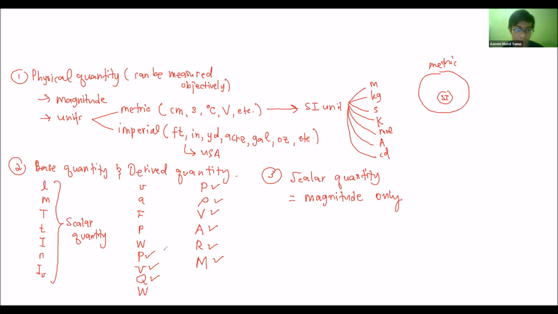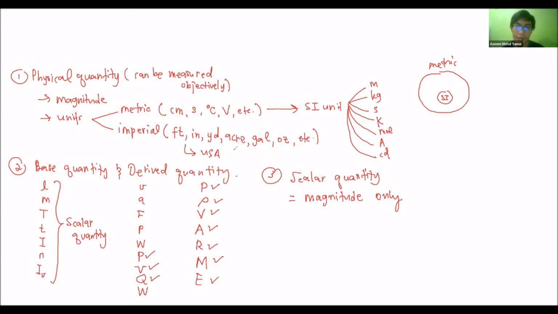All of these marked are scalar quantities because they don't have direction. We can add one more, energy as well. It's also a scalar quantity. So all the 7 base units automatically become scalar quantities, but only certain derived quantities are scalar.